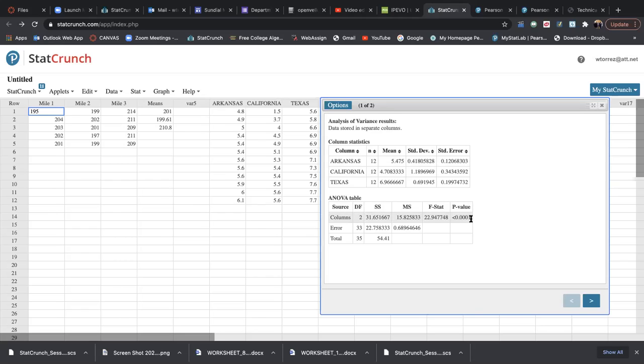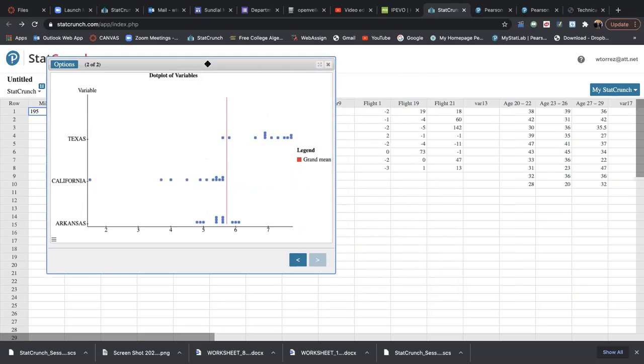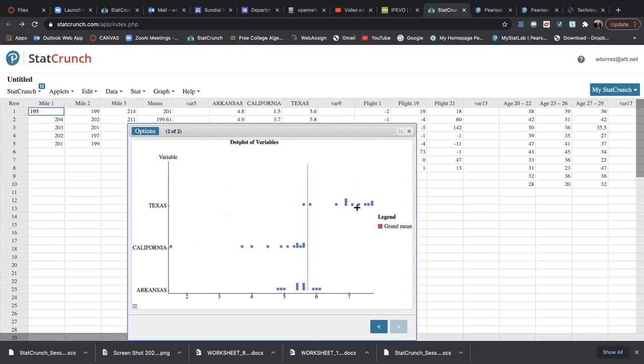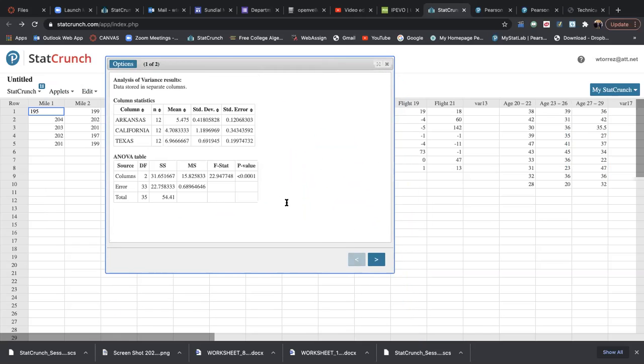So we would reject the null hypothesis and conclude that at least one of the means is different, okay? And then if we look at the dot plot here, we can see that Texas is shifted a little bit to the right. The spread of the data for Texas is not very high, and we saw that in our summary stats in the FSTAT results. Okay, here's our variance. It's about 6.9.